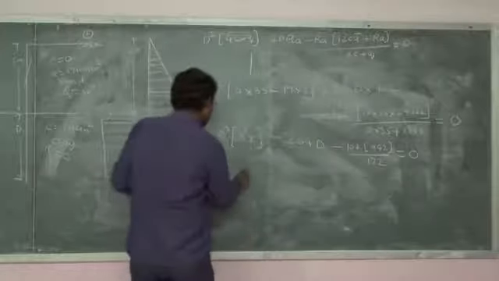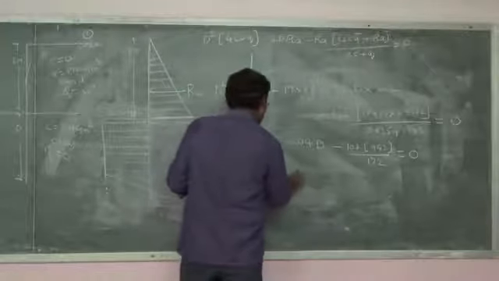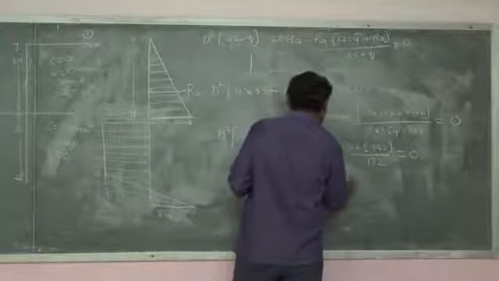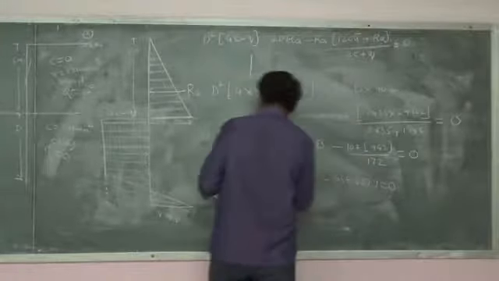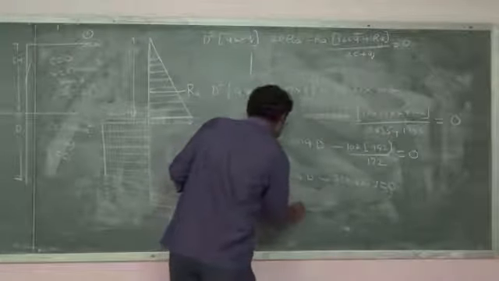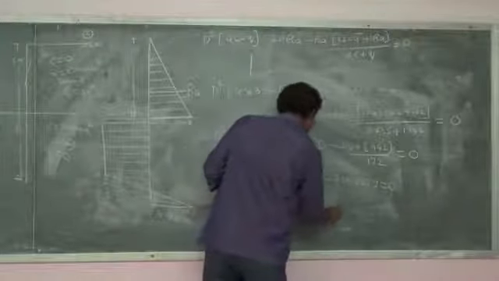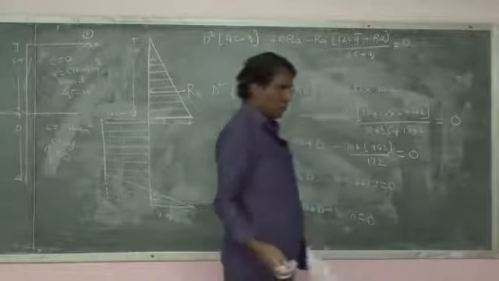If you simplify further, 38D square minus 204D minus 558.6279 equal to 0. Further, D square minus 5.368D minus 14.70 equal to 0.